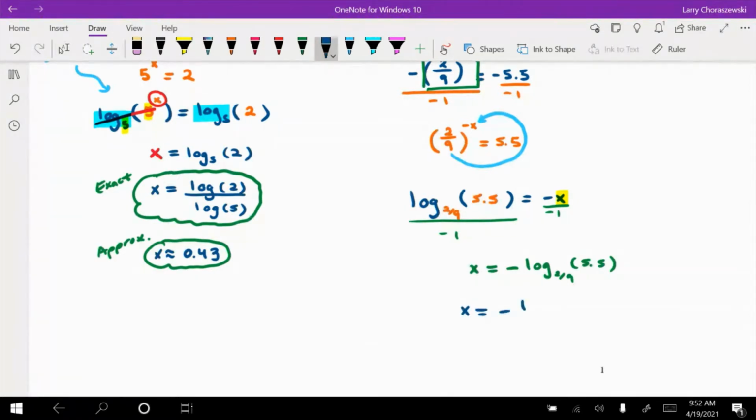X equals negative log of 5.5 divided by log of what number? 2/9.